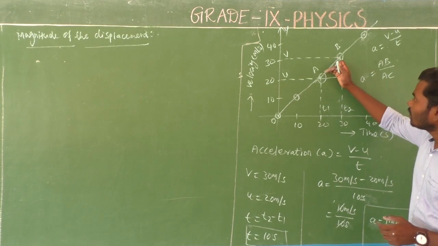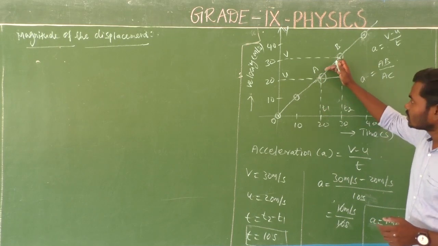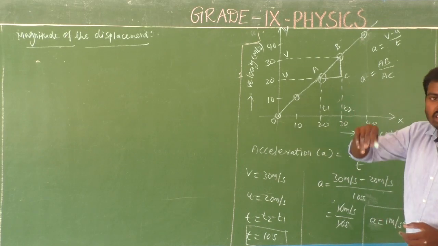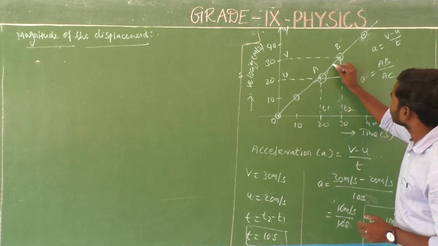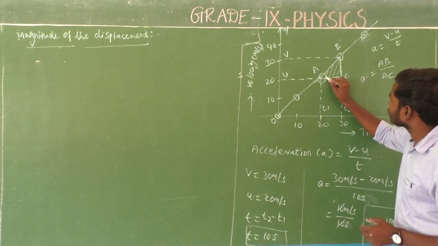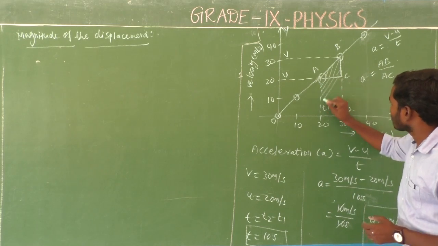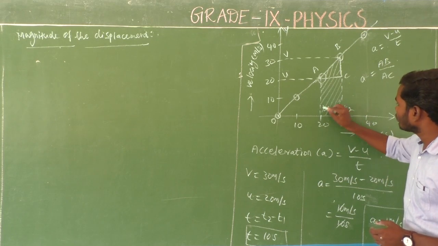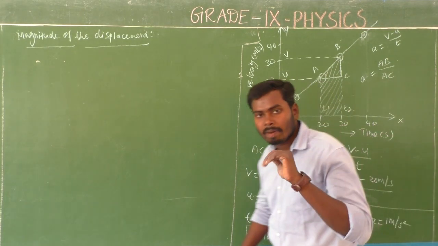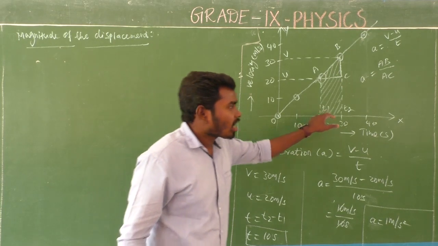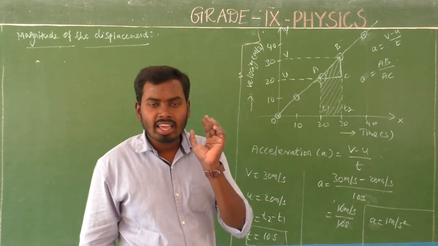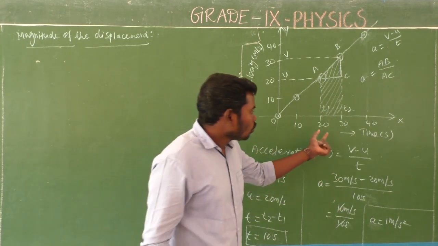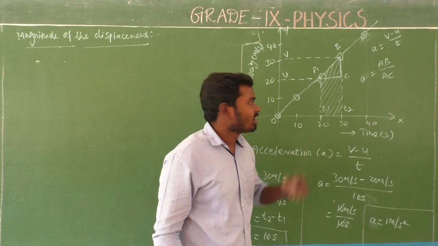Okay, which means the enclosed area, this whole enclosed area, look at here. This area fully is actually the displacement covered by the object, or otherwise we can say the area covered by the object during the time interval of 20 second and 30 second.